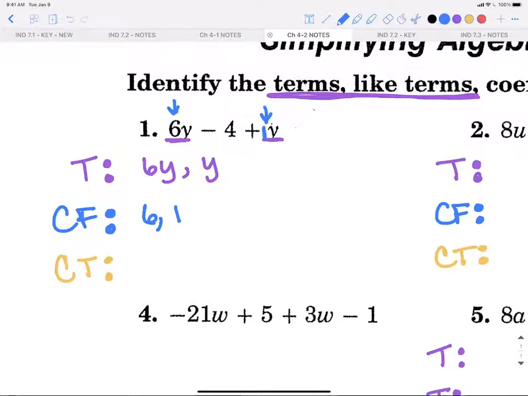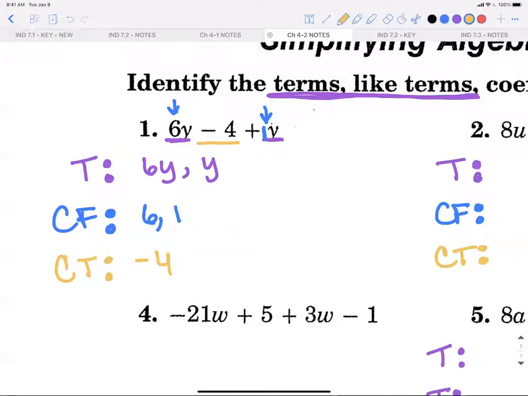So for every term in purple, you're going to have a coefficient, and it's just simply the number that's in front of your variable. Now, the constant is anything that's just a number. So -4 is my only constant in this problem. So the top section of your homework, this is what your answers are going to look like. Terms listed, coefficients listed, constants listed, and you can use the abbreviations.